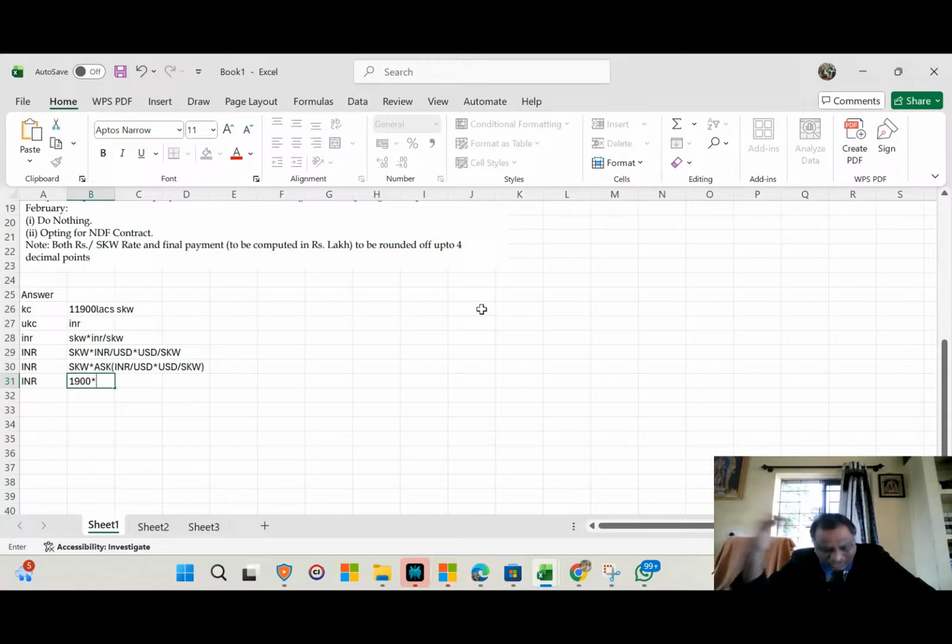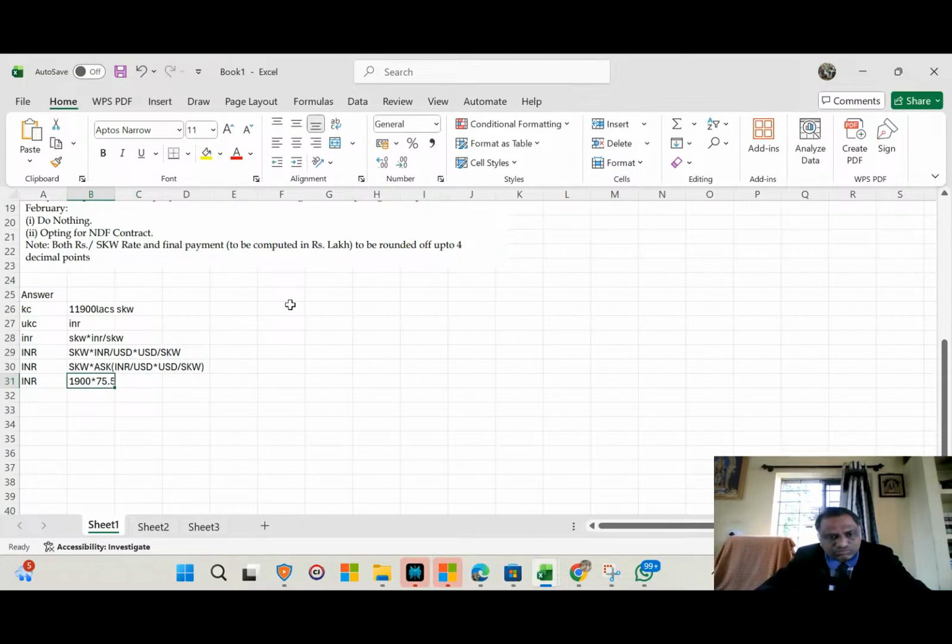Then 1 divided by INR divided by USD. 75.5 is the rate at which the banker is going to sell, 75.5.